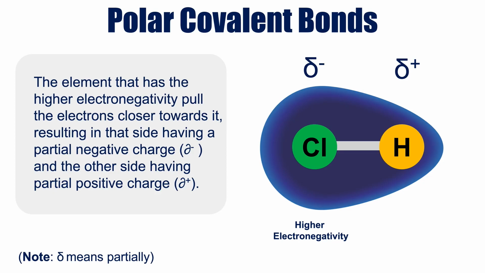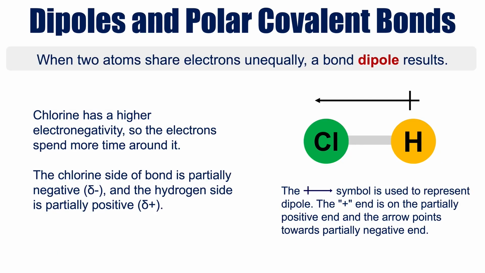That results in the chlorine side of the bond being partially negative, whereas the hydrogen side of the bond is partially positive.